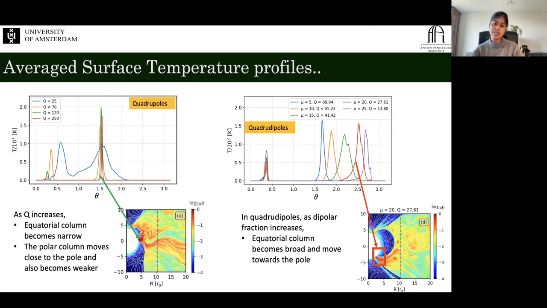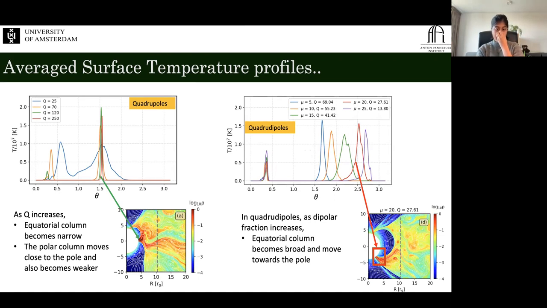While we increase the dipolar fraction, we also decrease the quadrupolar fraction in order to keep the total magnetic field of the star the same. As you go higher in the dipolar fraction, it moves the column further towards the pole, and along with this, it also makes the column much broader.